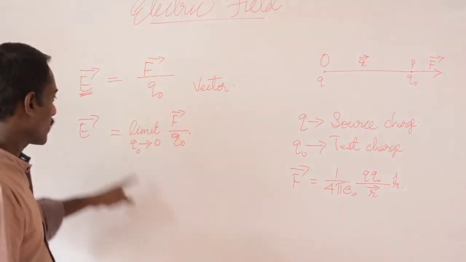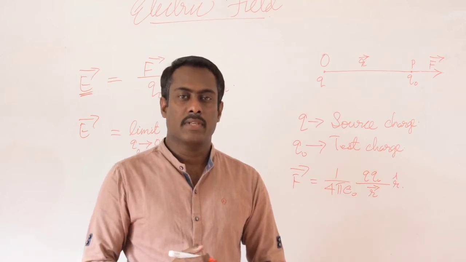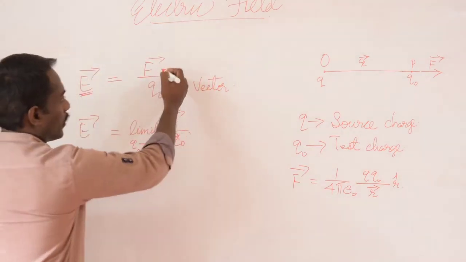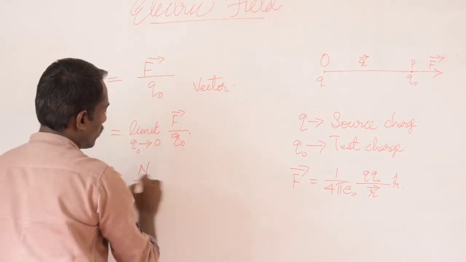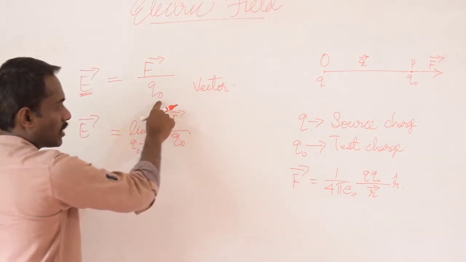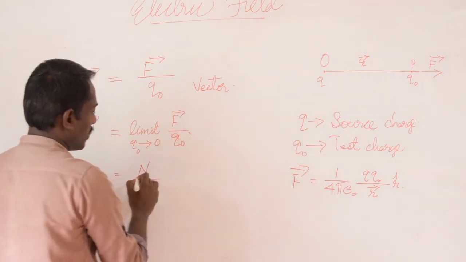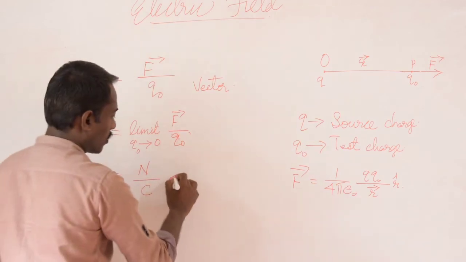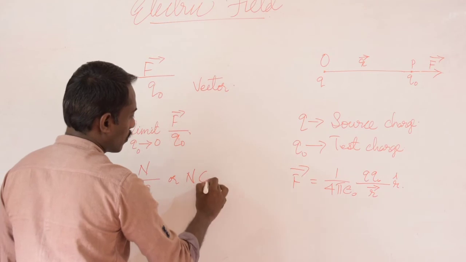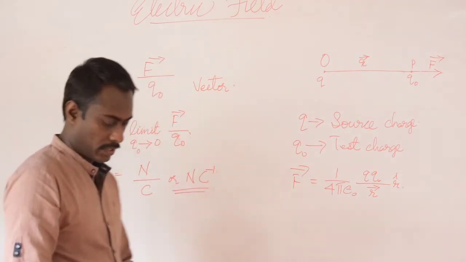This is the equation of the electric field. The SI unit of F is Newton, and the unit of charge is Coulomb. So the unit of electric field is Newton per Coulomb, or Newton Coulomb inverse. This is the unit of electric field.